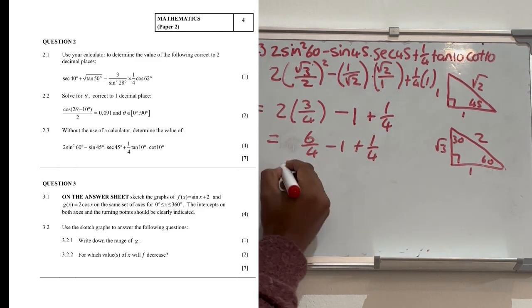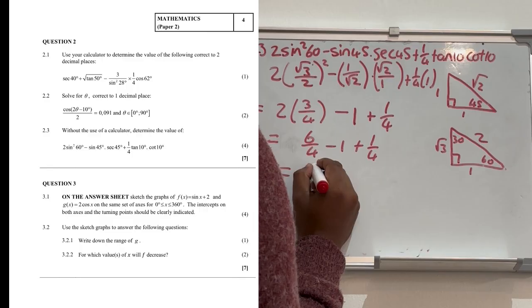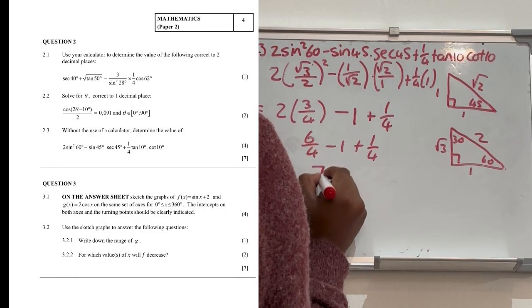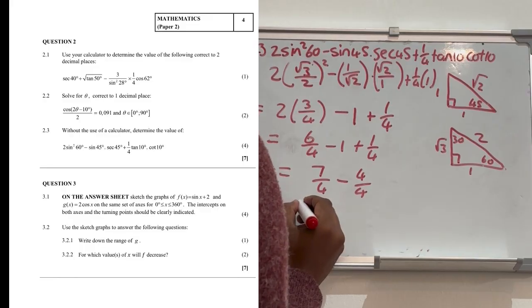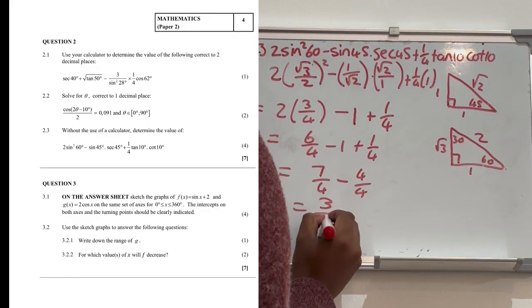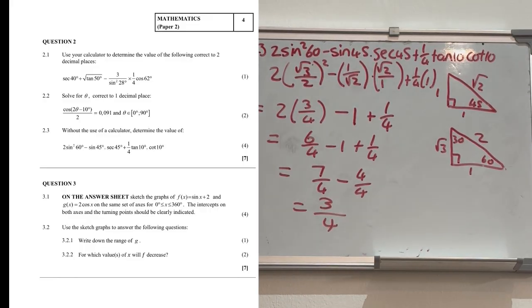So if I basically do this, I'm going to make that 7 over 4 minus 4 over 4, then your answer is just 3 over 4. Okay?